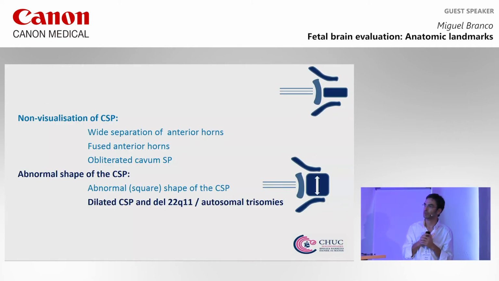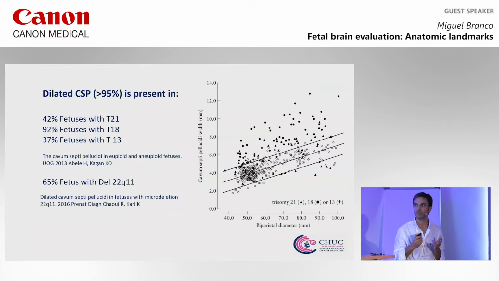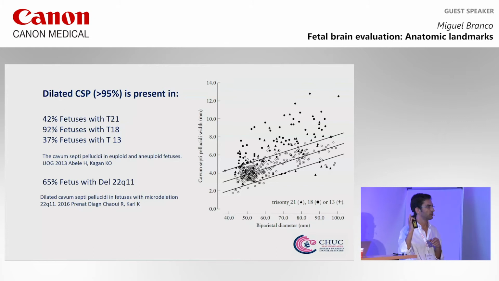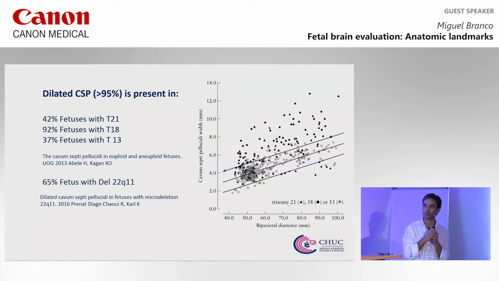Another situation is a dilated CSP, with a width over the 95th percentile. That is associated with an aneuploid fetus. But bear in mind that we don't know how this marker will interact with the other soft markers that we already know, and we don't know what is important after the first trimester screening.